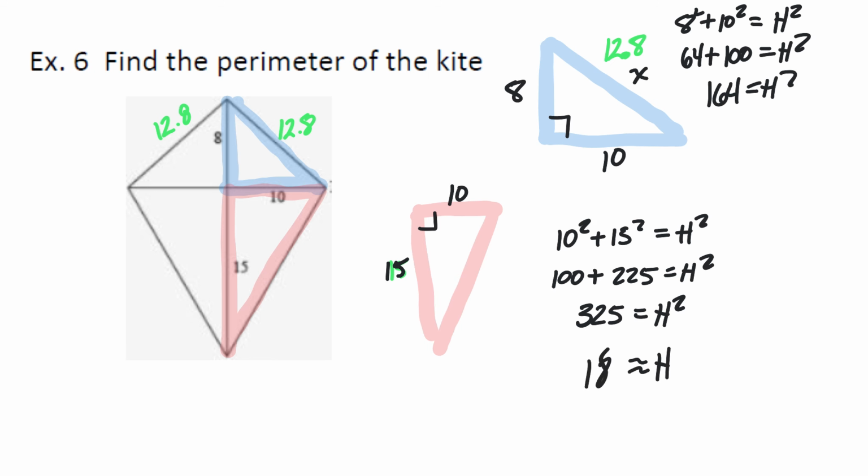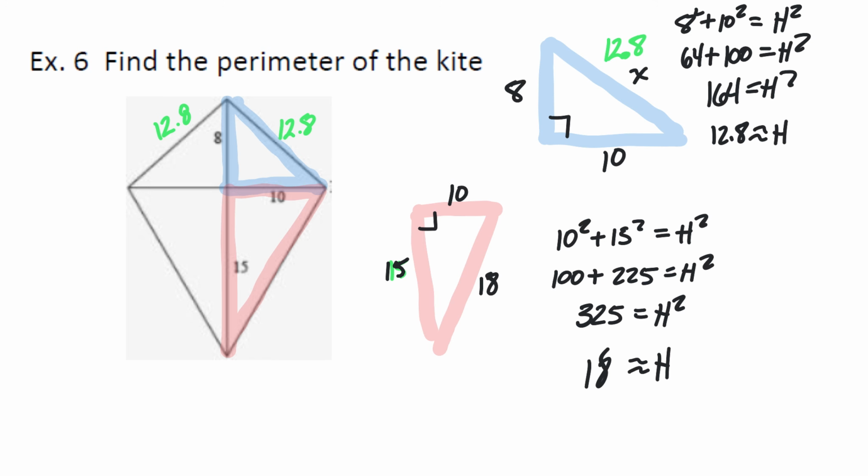I should have put approximately on the 12.8 as well, because anytime you round, you have to denote that you have an approximation sign. So this is approximately 18. It's actually 18.027, so it'd be 18.03.